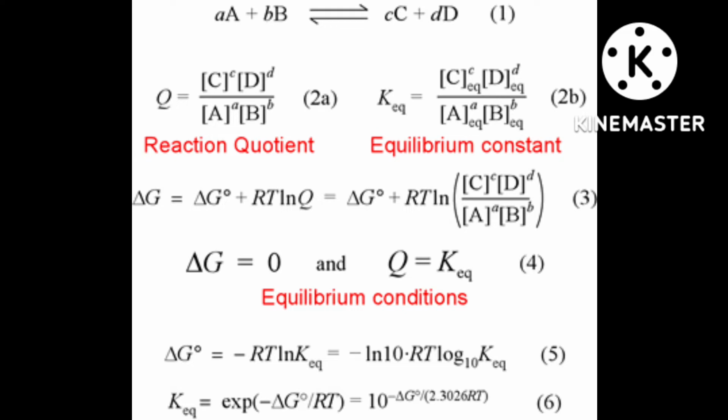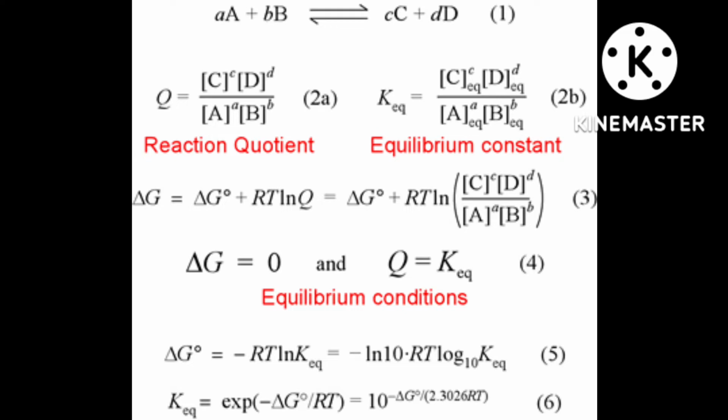Suppose I give one example. Suppose A plus B is in equilibrium with C plus D. In this reversible reaction, A plus B, with the sign of reversibility, C plus D, A plus B is giving two products C plus D. Then here delta G, the change in free energy, must be zero, Z-E-R-O, keep in mind.